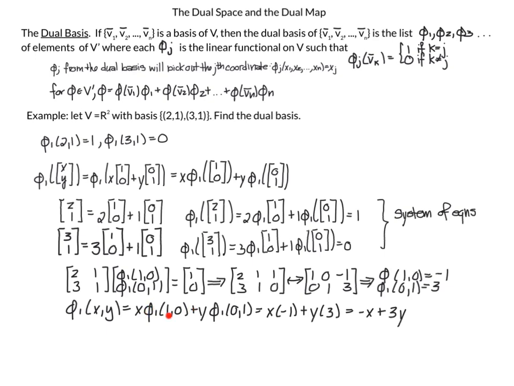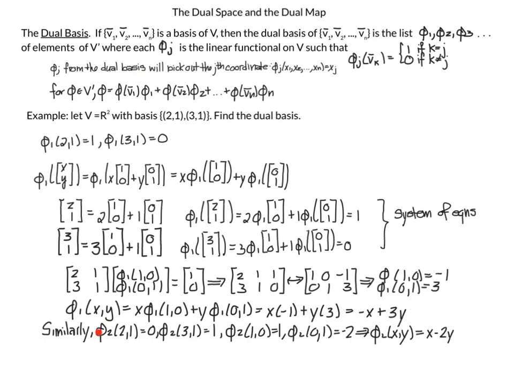Here I have just solved for phi 1 of (1, 0) is equal to negative 1, so I have x times negative 1. Phi 1 of (0, 1) is equal to 3, so I have y times 3, which means my phi 1, my first basis vector, is equal to minus x plus 3y. This is the function that maps from R2 to R.